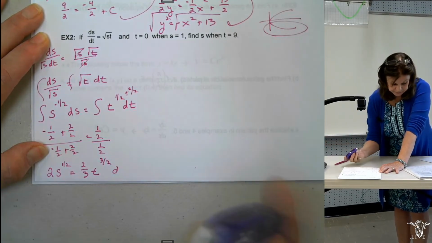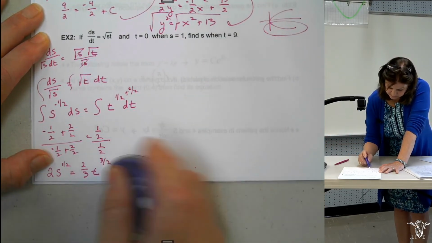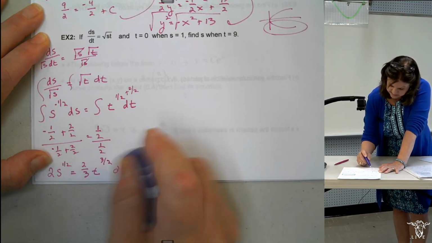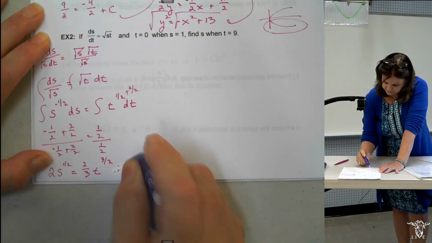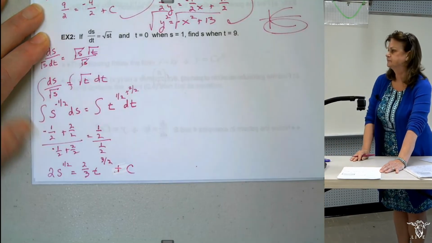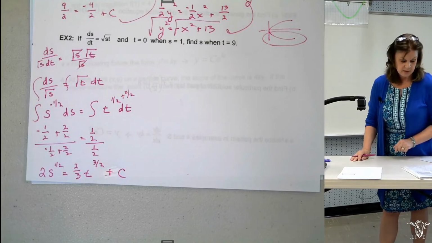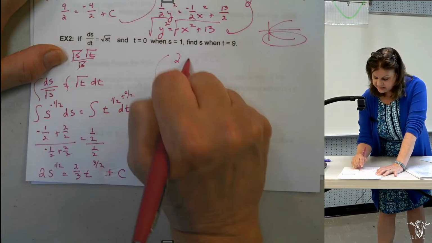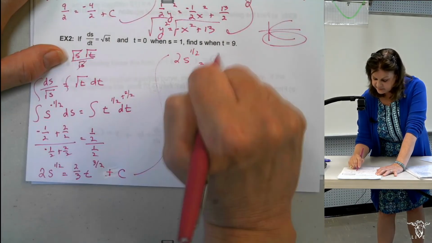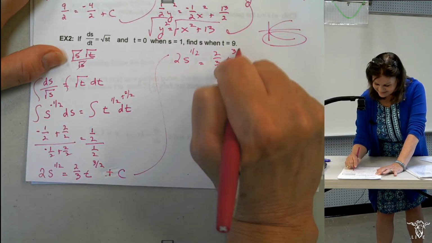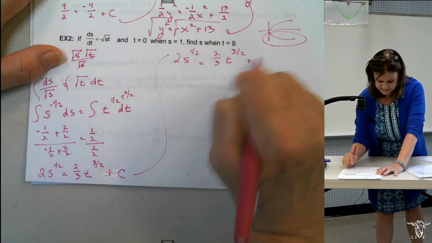Oh, I was about to write dt again. Close enough. Plus my constant. So we have 2s to the 1/2 is 2/3 t to the 3/2 plus c.